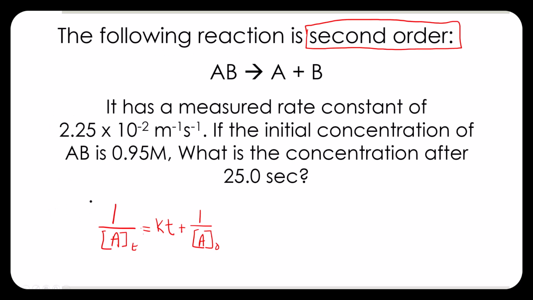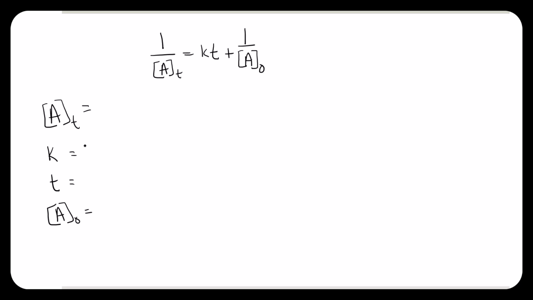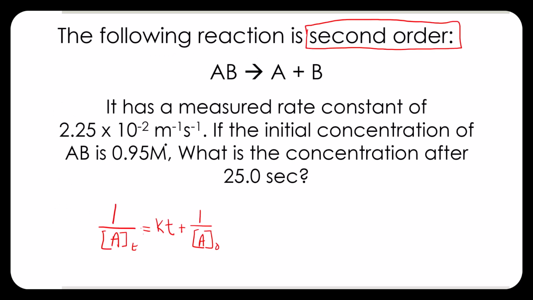It has a measured rate constant of 2.25 times 10 to the negative 2, so that's our value for K. And the units are molarity, seconds on the bottom of a fraction, or molarity to the negative 1, seconds to the negative 1.